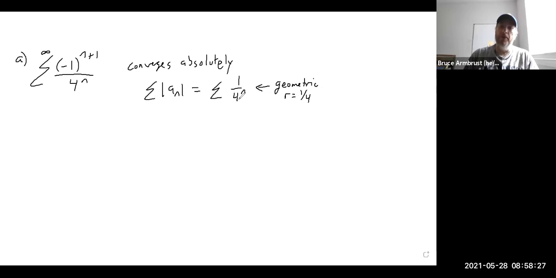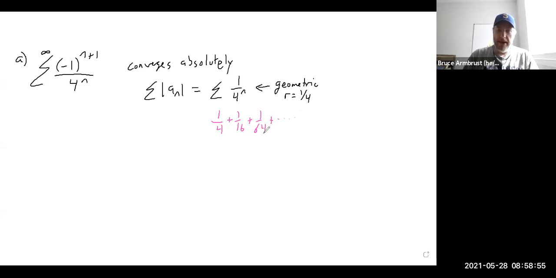What tells me this is the fact that it's raised to the n power. When you have something raised to the n power, it's going to be geometric. This is some advice I always give students: when in doubt, if you can't tell, write out the first couple of terms. Say this started at 1. That would give you 1/4 plus 1/16 plus 1/64 plus.